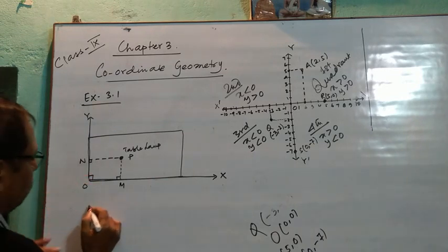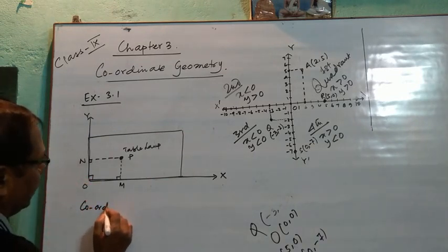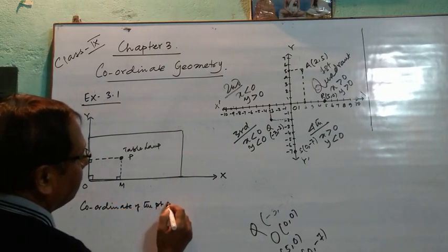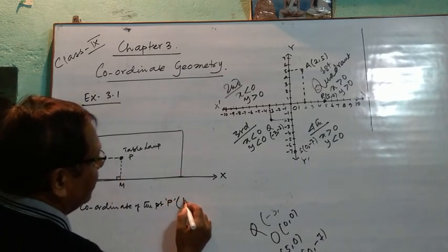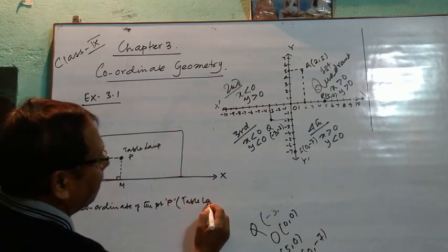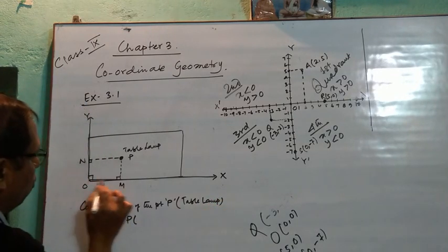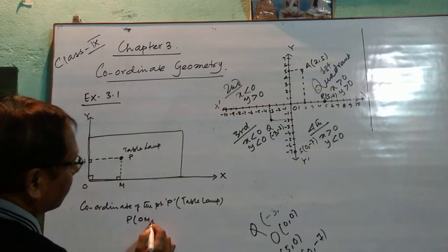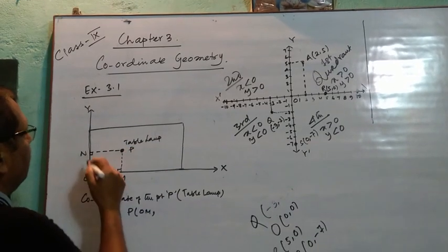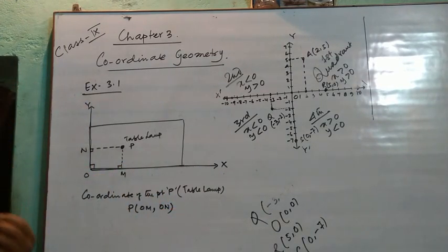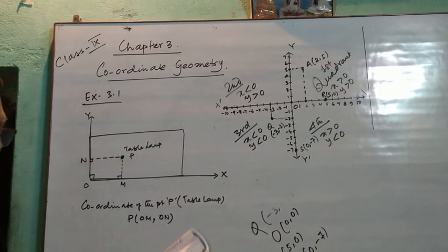Now the coordinate of the point P, that is the table lamp, will be OM comma PM, or ON. OM comma ON. In this way, we can represent the position of a table lamp on the table. How will you describe the position of a table lamp on your study table?